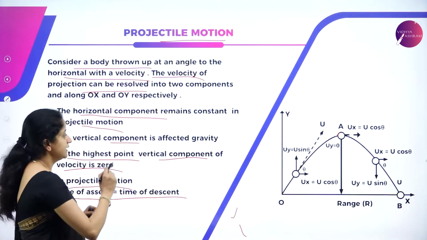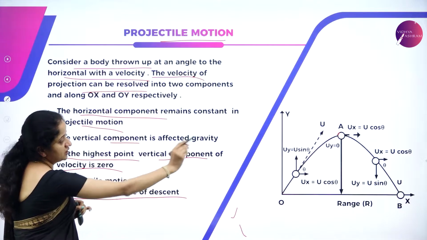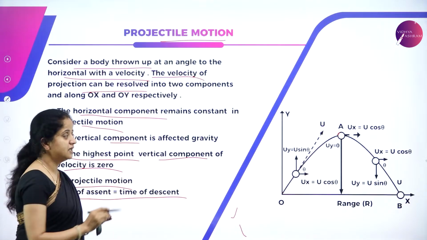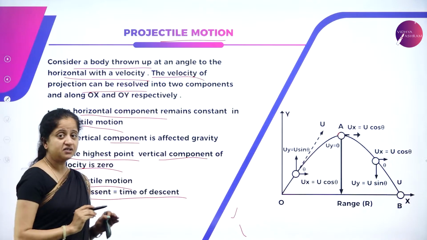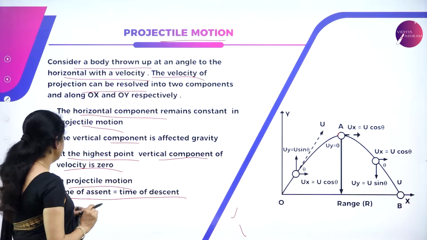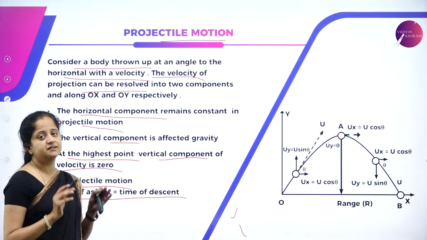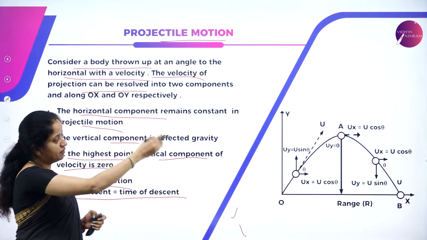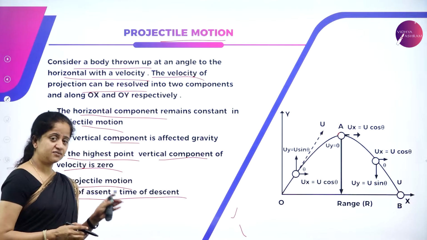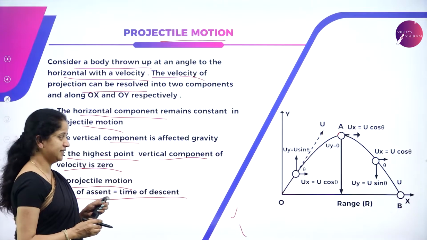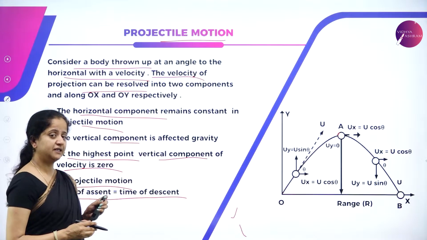The horizontal component always remains constant. At the highest point, the vertical velocity component is 0, and the time of ascent is equal to the time of descent. All these things we have to keep in mind in understanding projectile motion clearly.